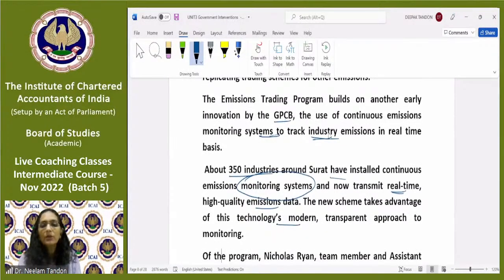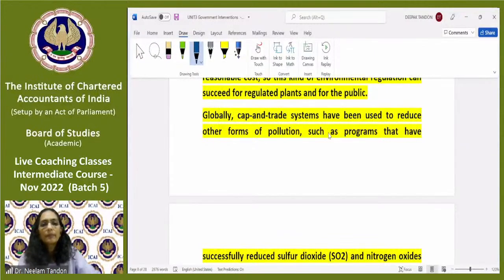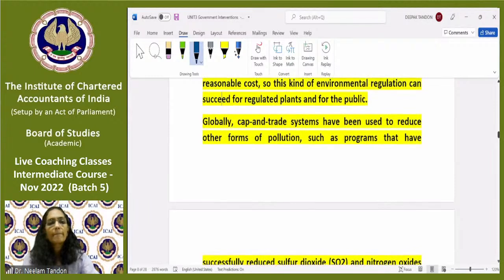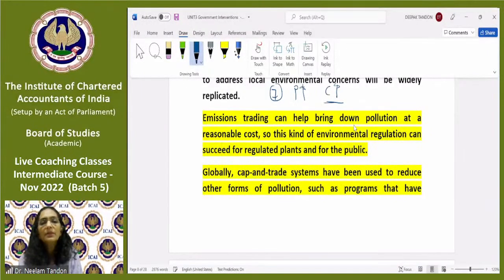And what was the impact of that? Because of this, emission trading helped to reduce pollution. Obviously, number of permits limited है, आपको बता दिया. So the number of permits are limited. So the price went up, and the price went up means cost went up. That motivated industries to be more green.